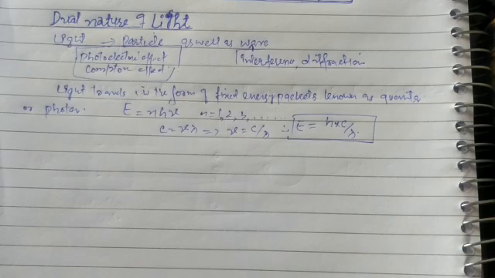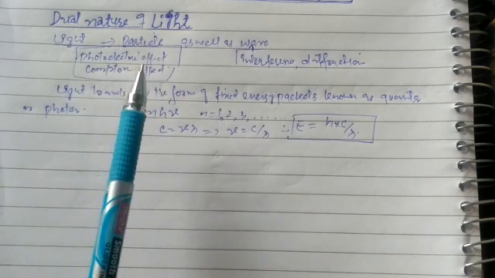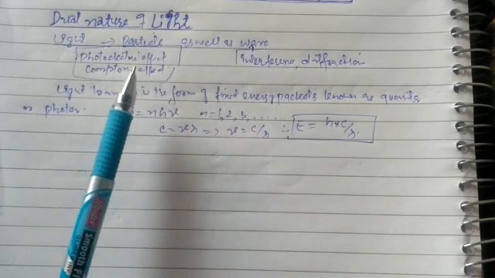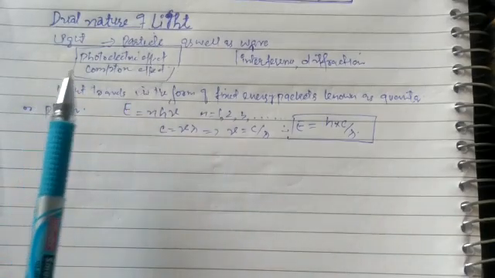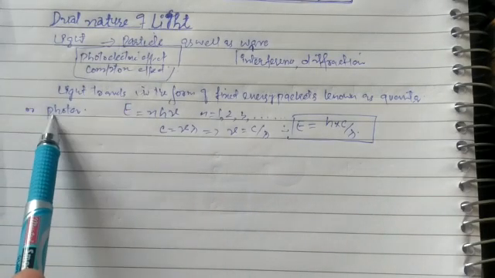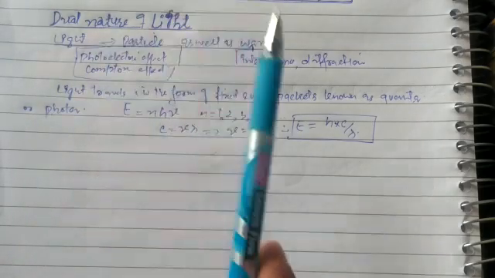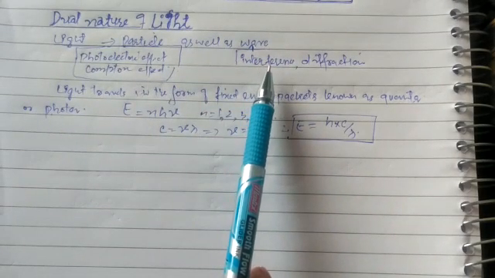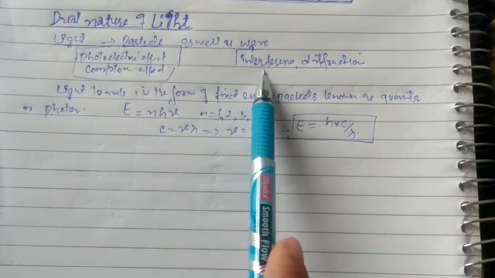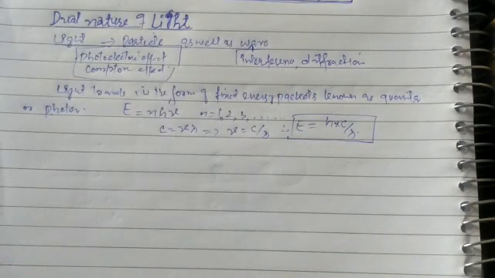But right now, the effects are well explained by considering light as a particle, a photon which has a fixed energy E equal to n h nu. And if we consider the wave, then we can explain effects like interference and diffraction. We are going to study them in light.